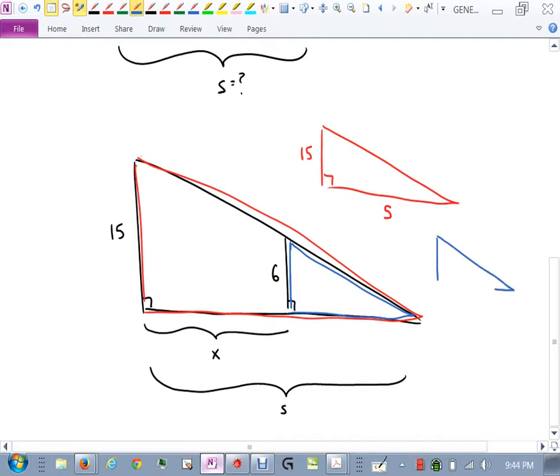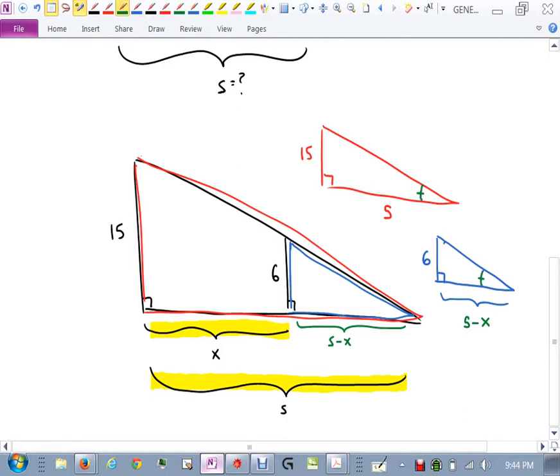And that triangle, this is always 6. And then this side down here will always be whatever S is, that's the whole way, and then take away X. So this piece right here will always be S take away X. Now the reason I've done this is because these triangles are what we call similar triangles, meaning that this angle and this angle are the same.